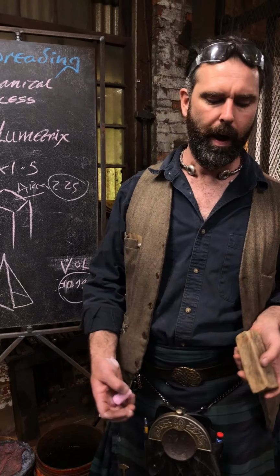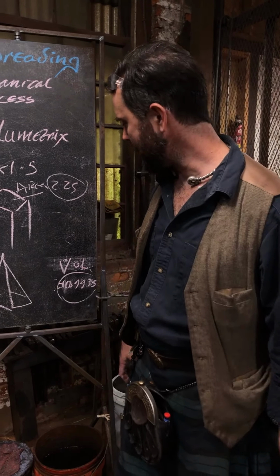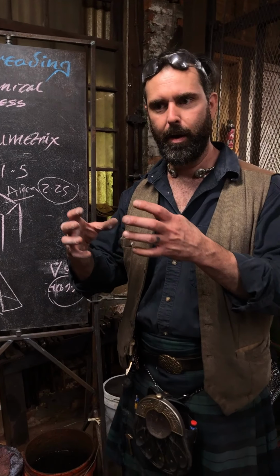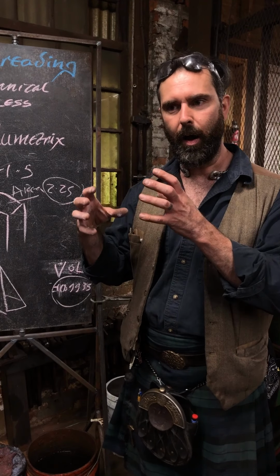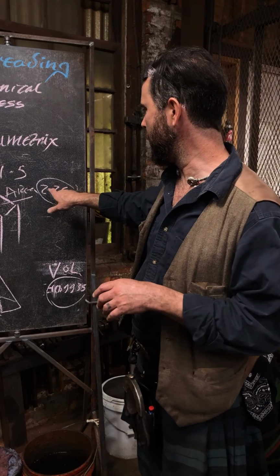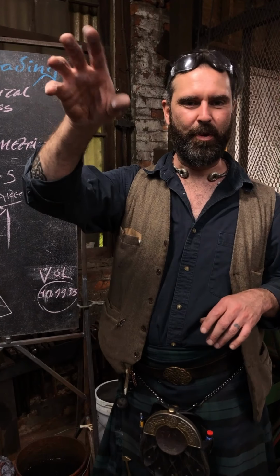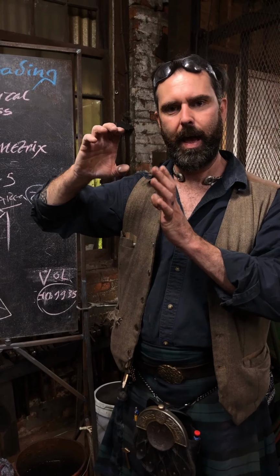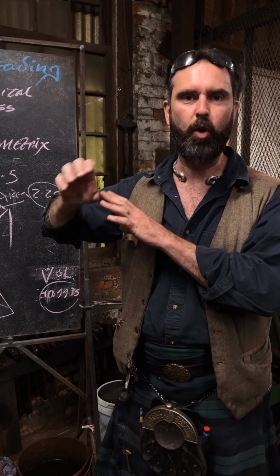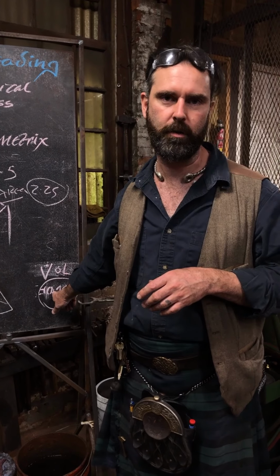So I can go, I need a 3-pound hammer. I calculate what the volume in steel is for 3 pounds, knowing that I need the sufficient cubic inches. We know that we need 10-ish cubic inches at the mass per cubic inch of 0.284.